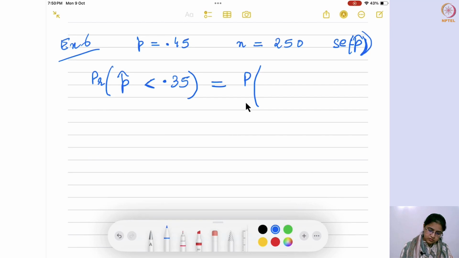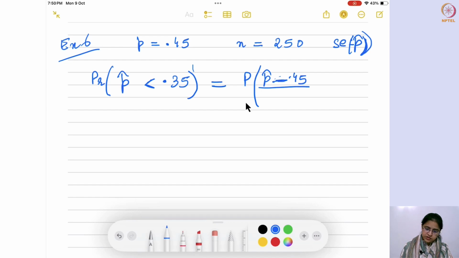So let us subtract p hat minus 0.45, divided by the standard error. The standard error is basically the square root of 0.45 into 0.55 divided by 250.